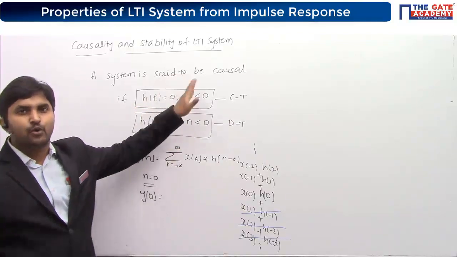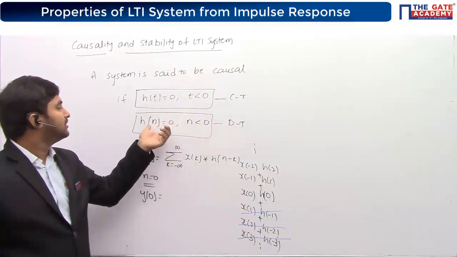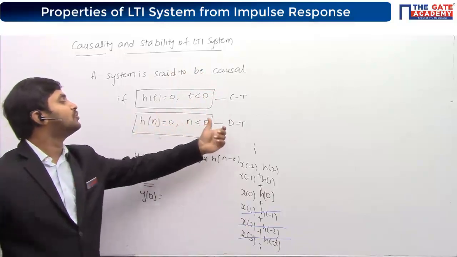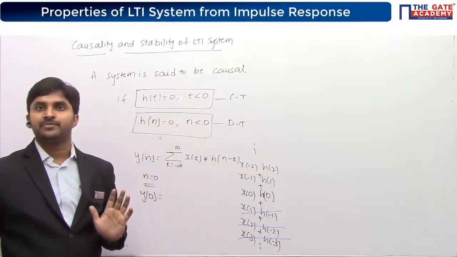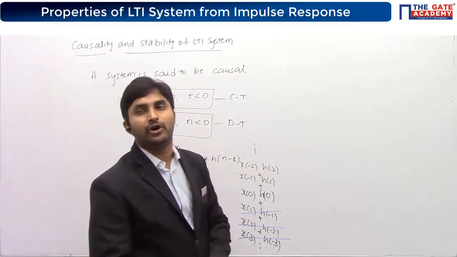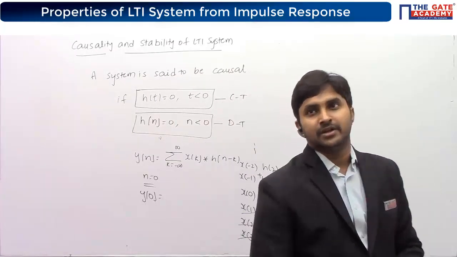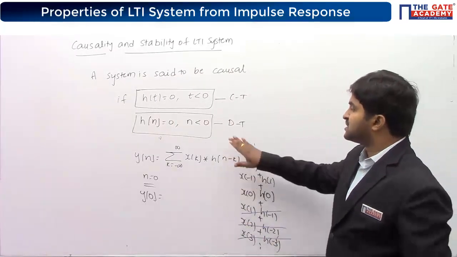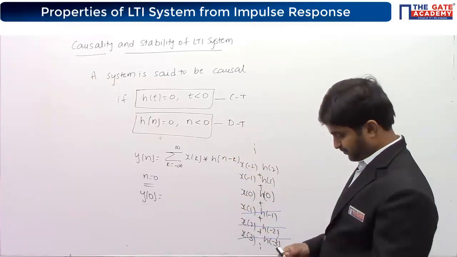So if you want a causal system, then h of n should be equal to 0 for n less than 0. Okay, so this is for a causal system.